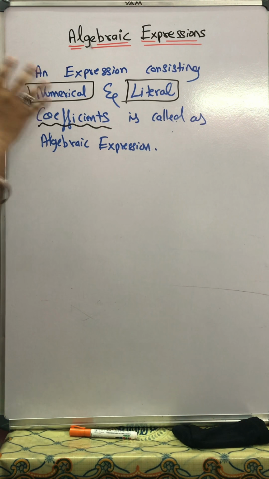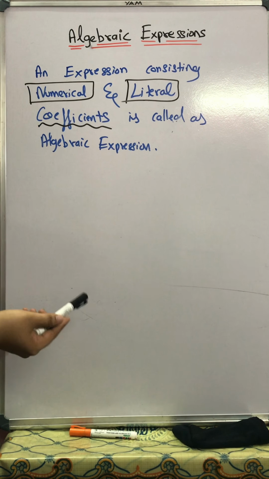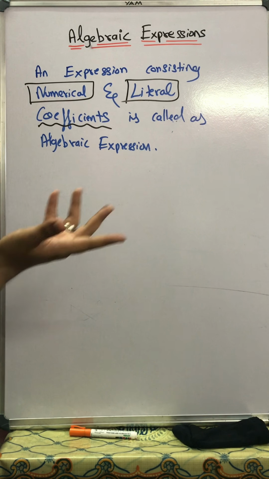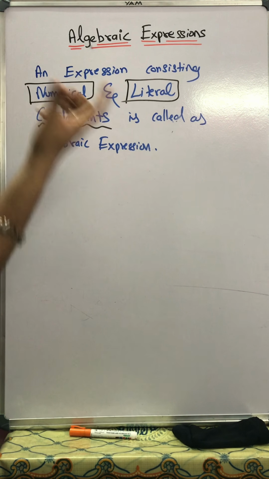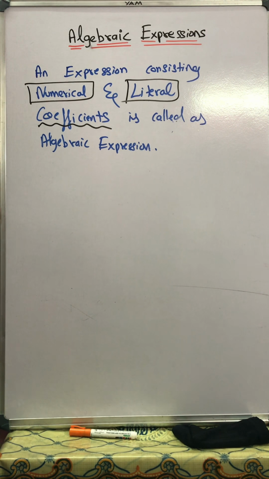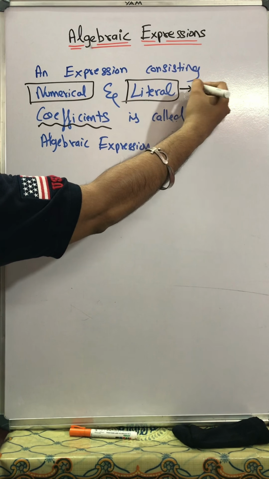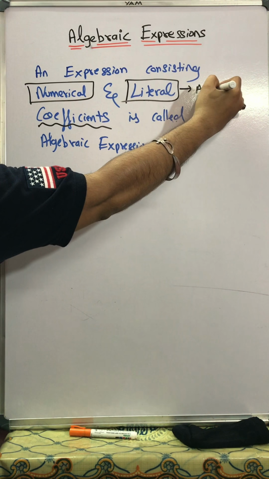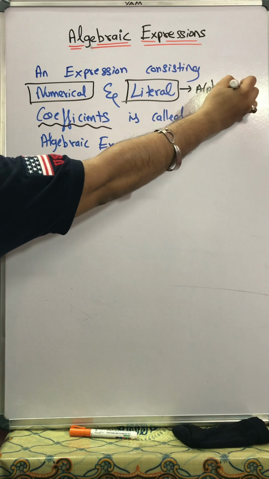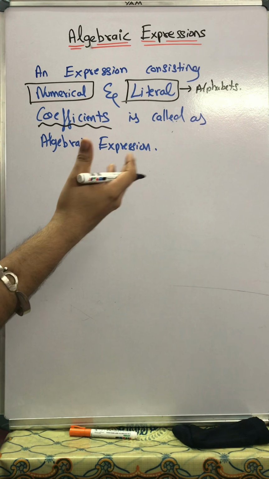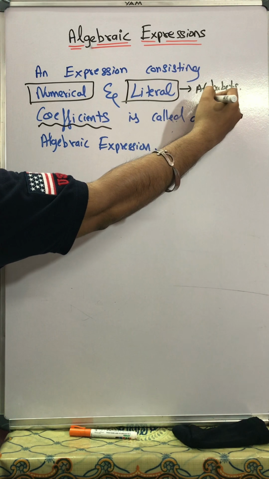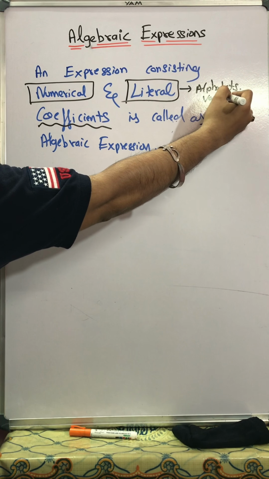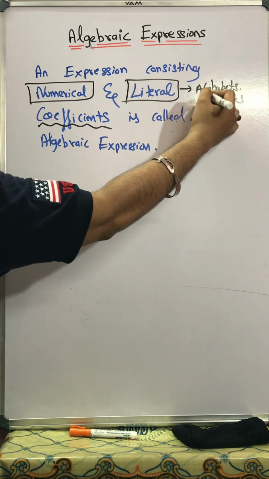So we have something numerical and something literal. What does numerical mean? Understand please, numerical means numbers. Any numbers you see are called numerical coefficients. And literals means alphabets, which in algebra are also sometimes called variables.